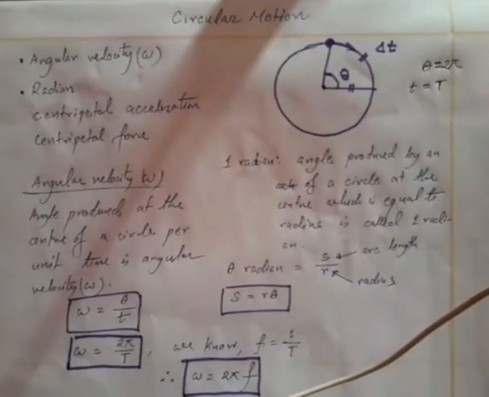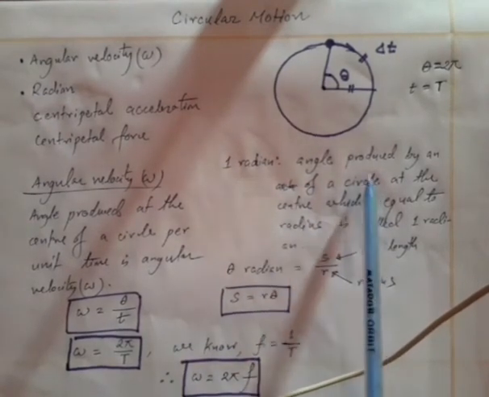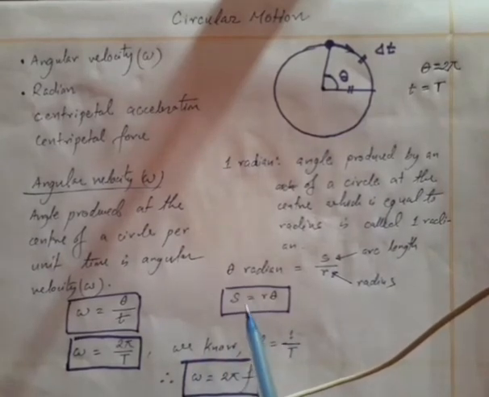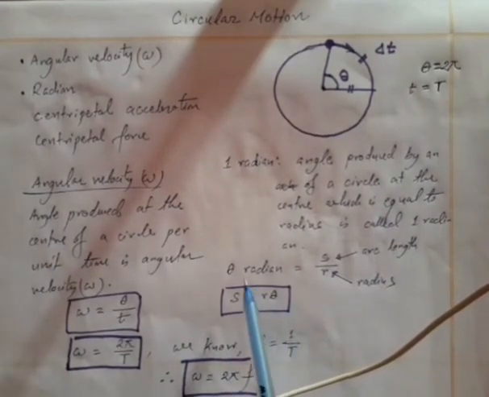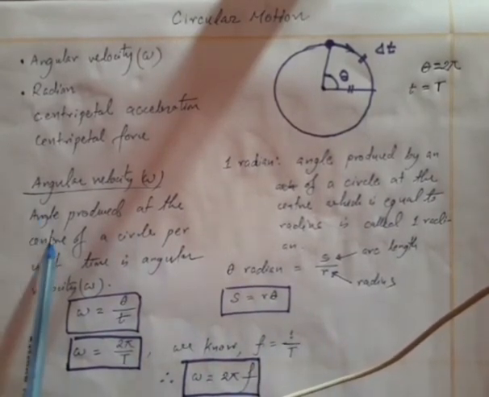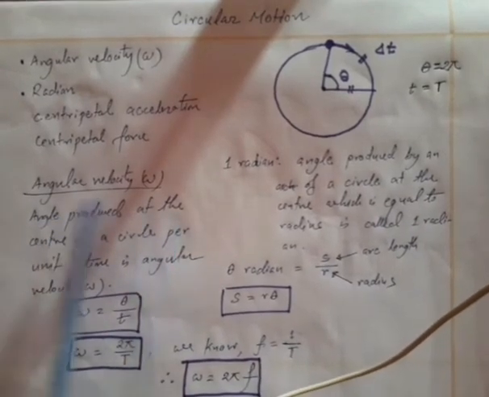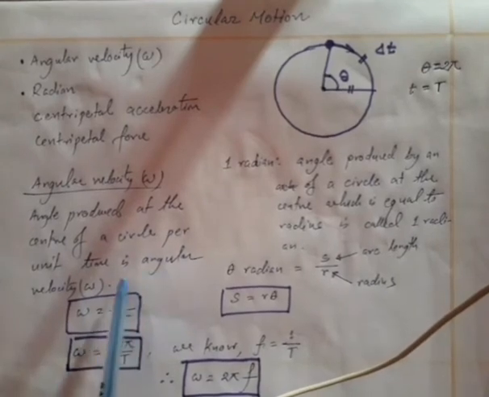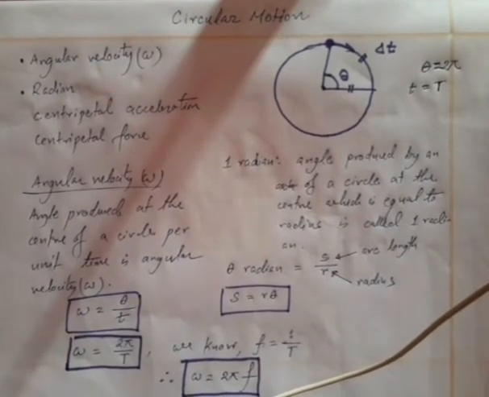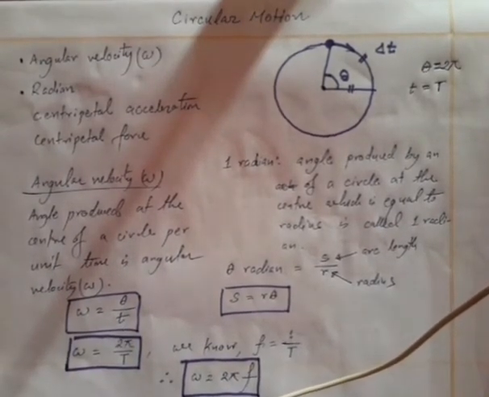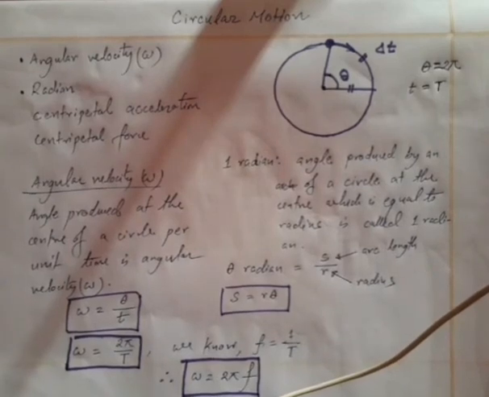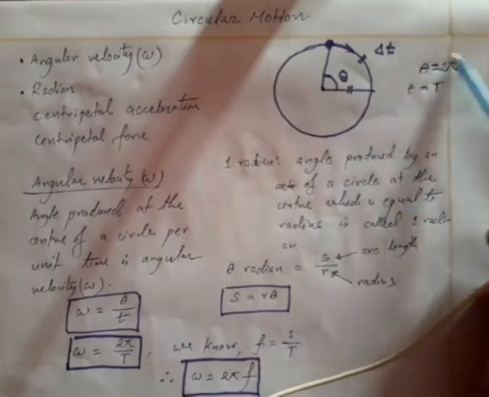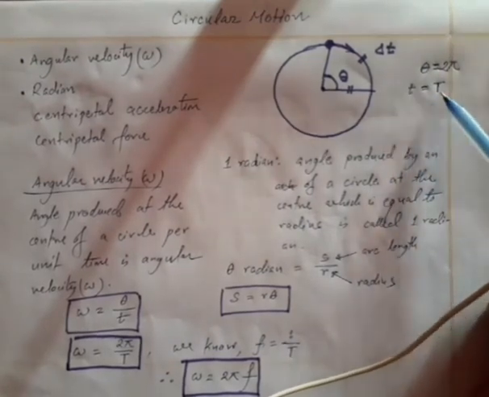So let us review from the beginning. In the first page we learned radian, then angular velocity, angular displacement per unit time or angle produced per unit time, and omega equals theta by t, omega equals 2 pi by T, omega equals 2 pi f.